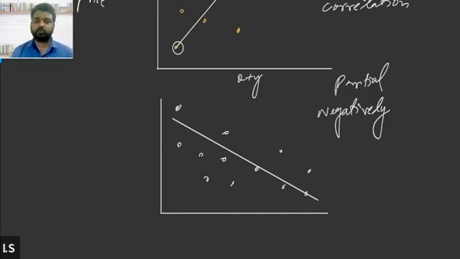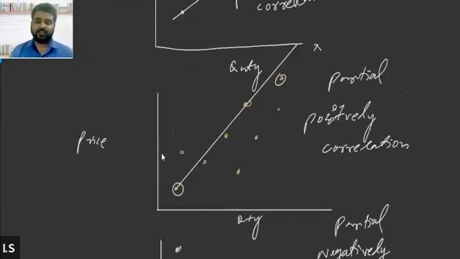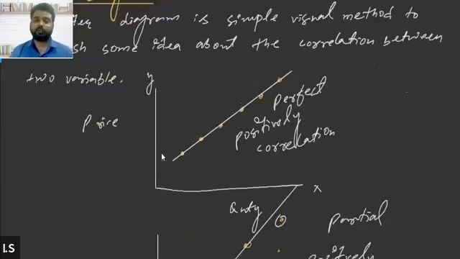What I'm trying to explain is that on the basis of a scatter diagram we won't be able to figure out the exact degree of correlation, but it gives you some idea about the correlation between two variables. It won't give you the exact value or the extent to which two variables are interrelated. Is that clear to you?